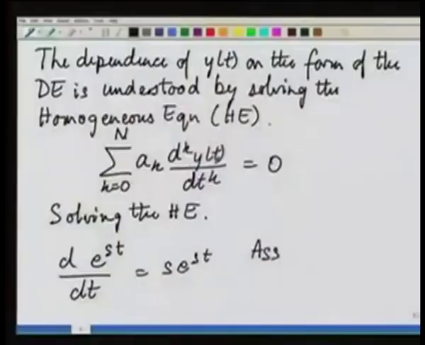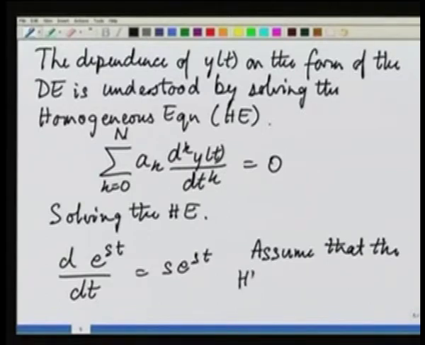So, we do not know what the s is, but we shall assume that the homogeneous DE is solved, that is, has a solution of the form e to the st.